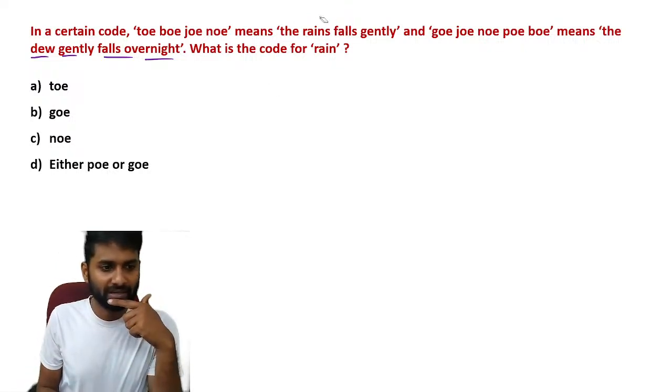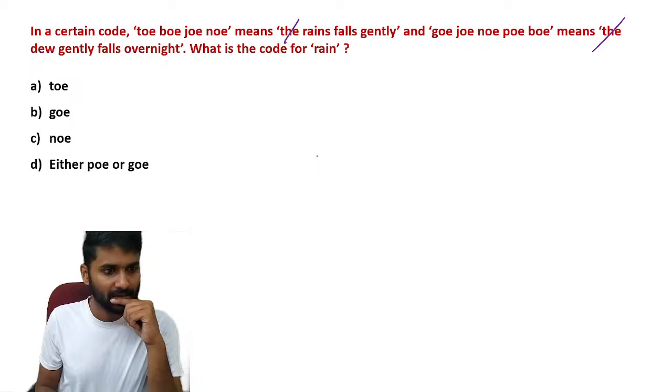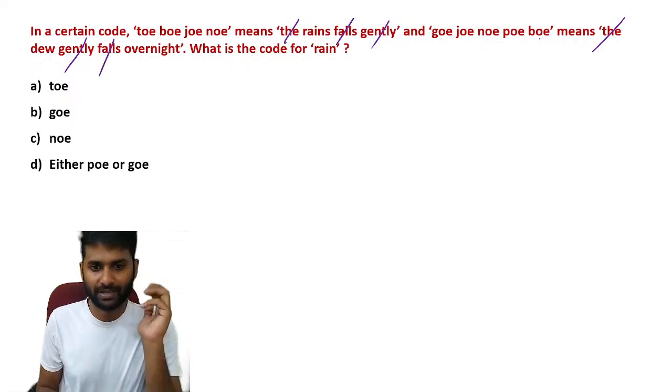Let me verify with the remaining case. See, here the repetition. If you observe, the is repeated, gently is repeated, falls is repeated. What are those 3 repetitions? TOE, TOE is not there. BOE, yes, repeated.